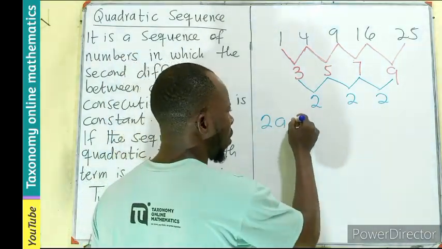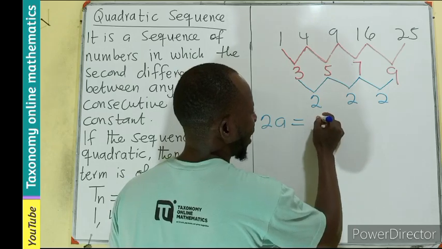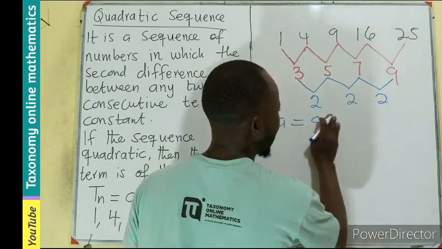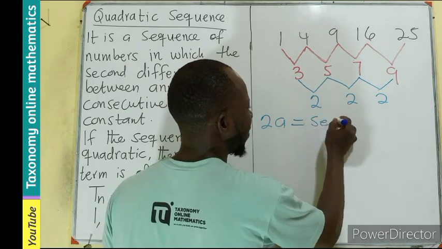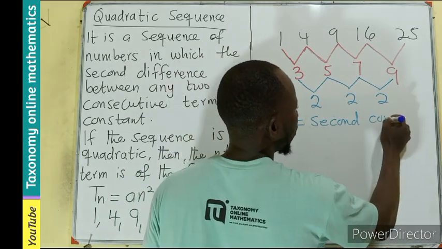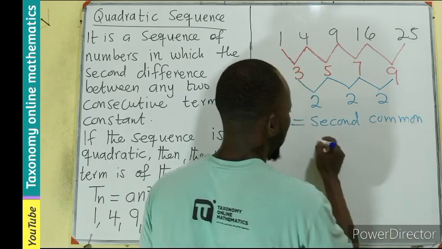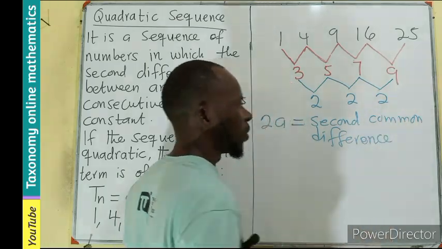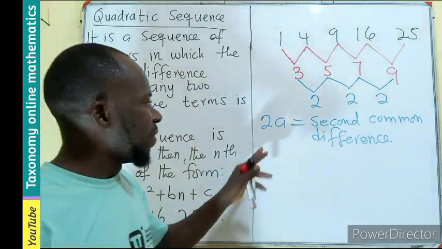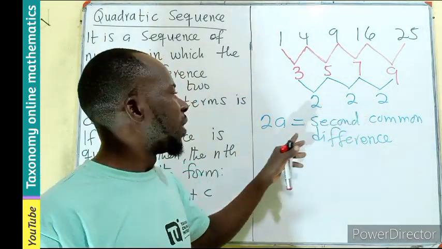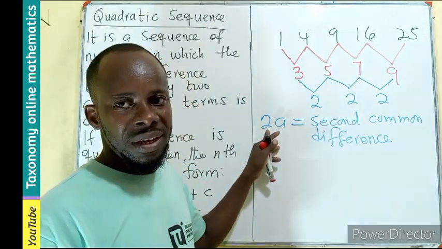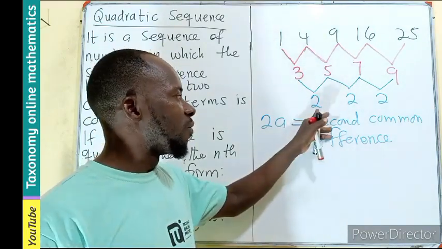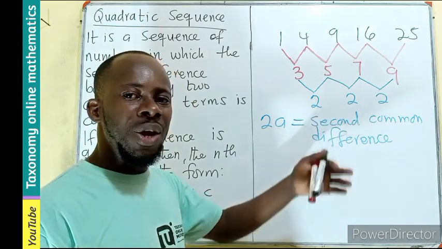So 2a is always equal to the second common difference. So whatever I have is equal to 2a. That's the second common difference. So if I have 4, 4, 4, it means 2a equals 4.